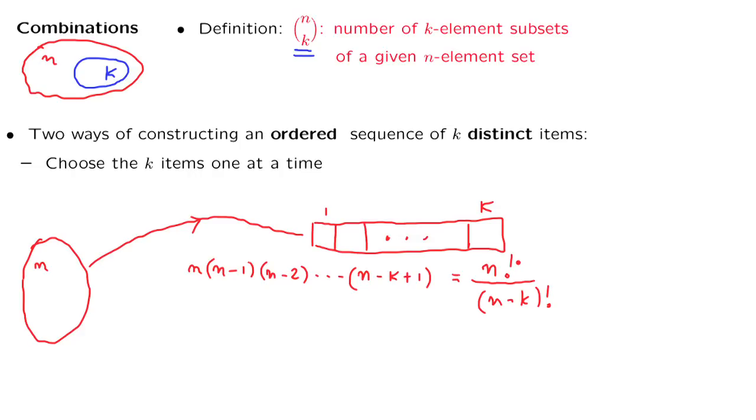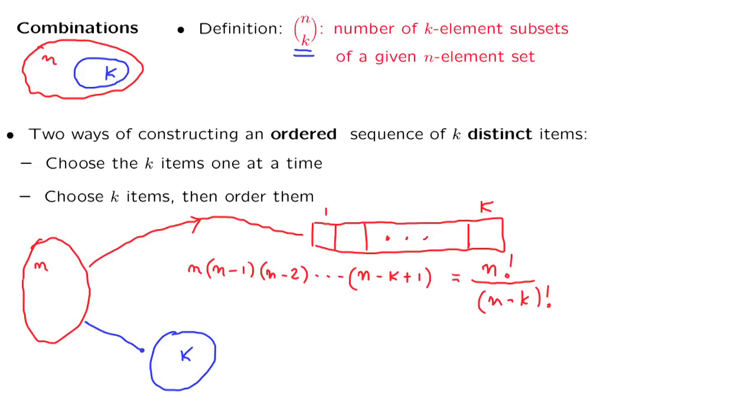So this was the first method of constructing the list that we wanted. How about the second method? What we can do is to first choose k items out of the original set, and then take those k items and order them in a sequence to obtain an ordered list.